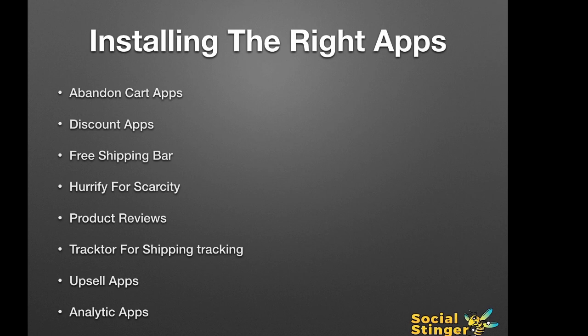You have to add that scarcity with the Hurify app to let people know that we don't have a lot of this product, and there's only a limited number. That will help your conversion rate as well, because if people see that, they'll think, oh my gosh, I need to buy this product before someone else gets it and before they run out.